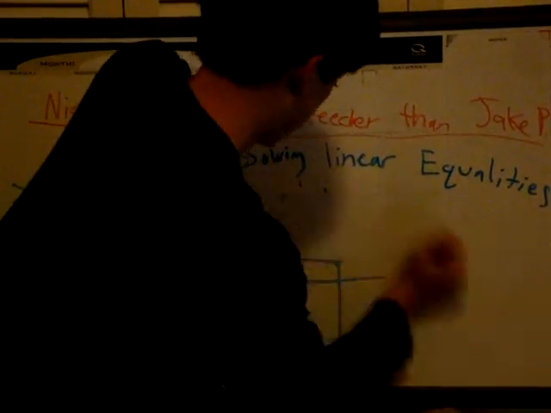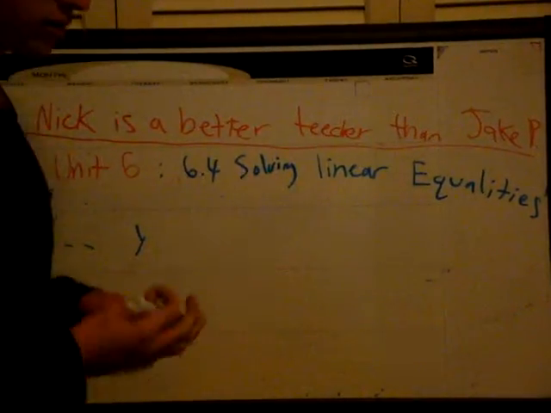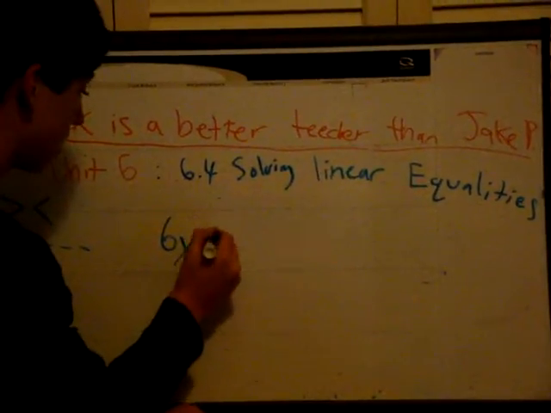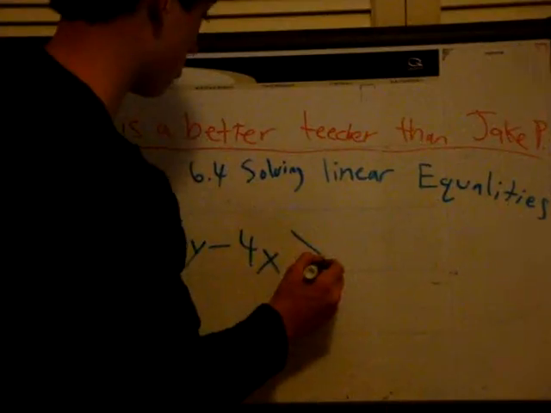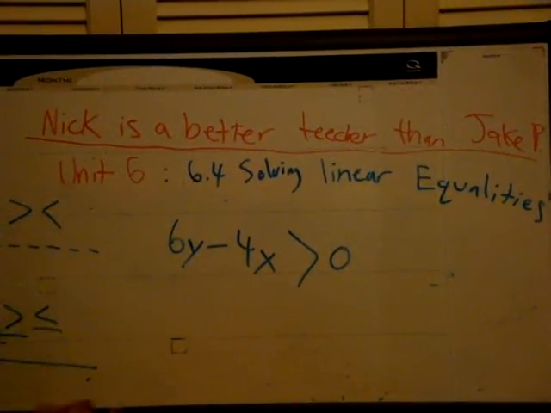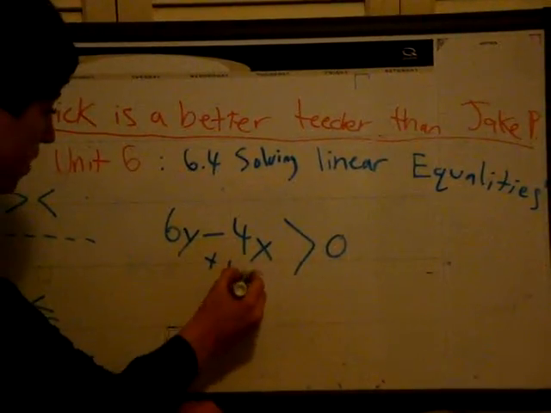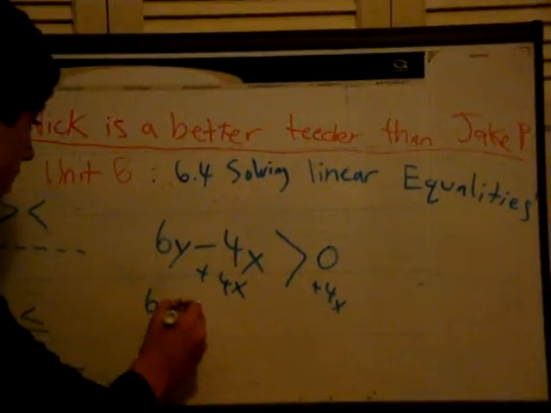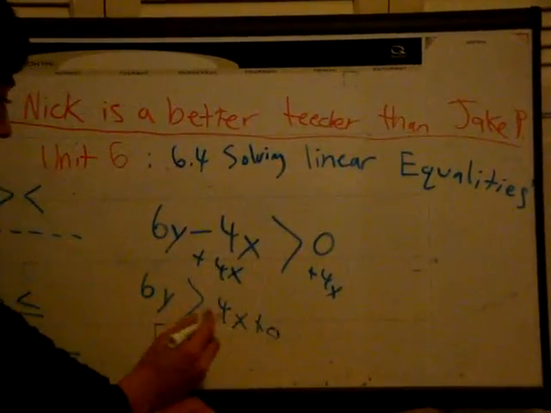So let's do some more. Let's say we have 6y minus 4x is greater than 0. Okay, so we have to make this into y equals mx plus b, so add 4x on this side, add 4x on this side, which would give us 6y is greater than 4x plus 0.